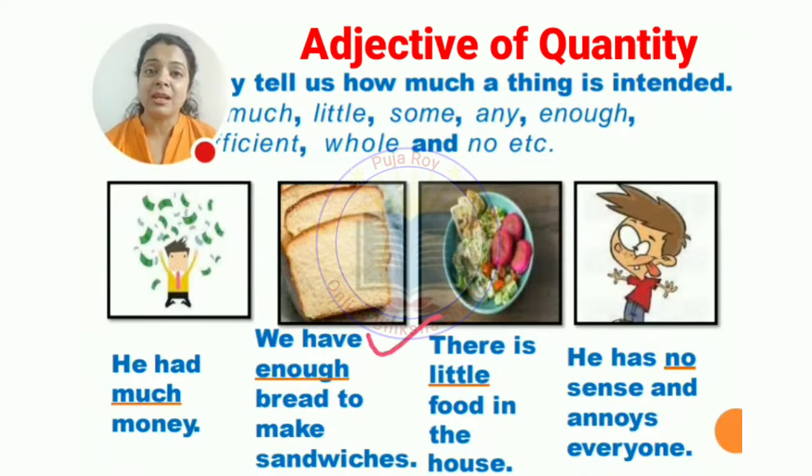Sense is an abstract noun, and it has the word no before it, and sense is uncountable, so we take it as adjective of quantity. We have a number of examples here: much, little, some, any, enough, sufficient, whole, no. These and many more words are taken as adjectives of quantity.